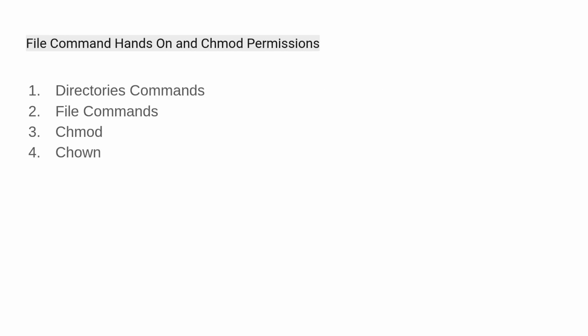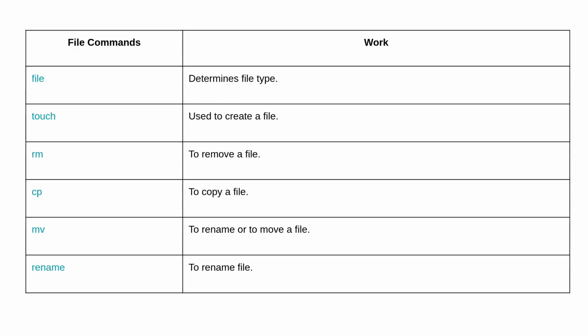These were the directory commands, and now we will go through file commands, and then we will learn the chmod and chown commands. Chmod is for file permissions, and chown is related, a cousin of chmod. Let's start with the file command.